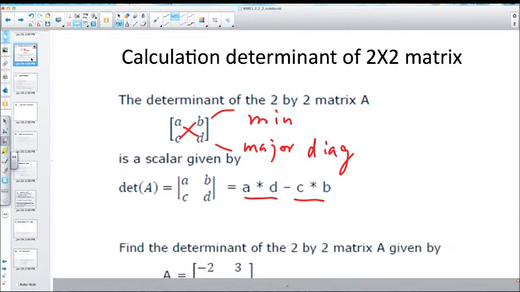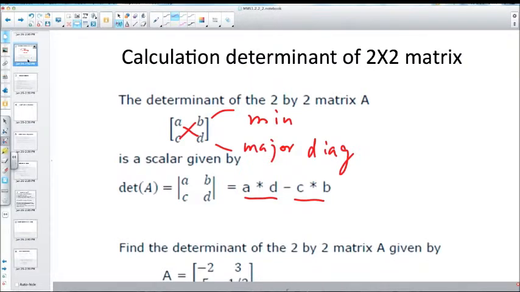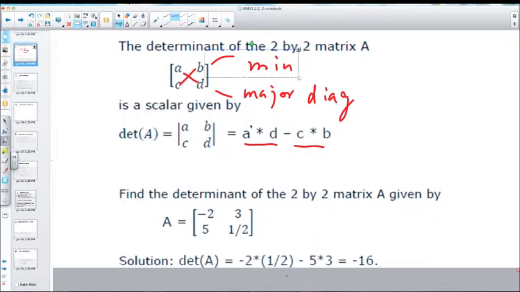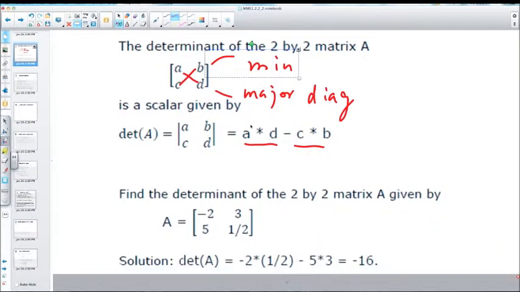So look at an example. If I need to calculate this determinant, I write it down this way. Negative 2, 5, 3, 1/2 equals negative 2 times 1/2 minus 3 times 5.